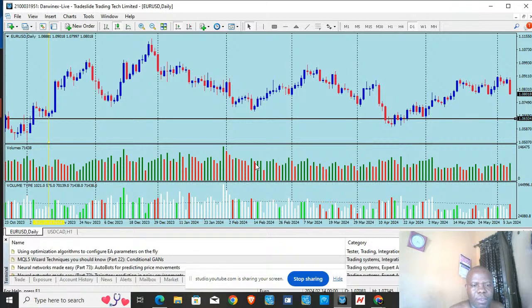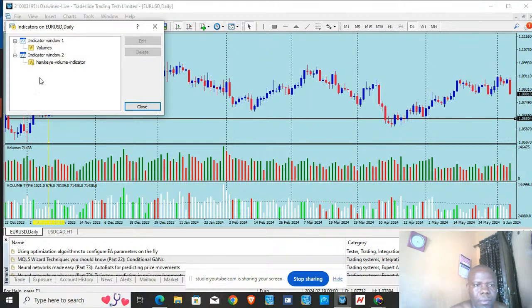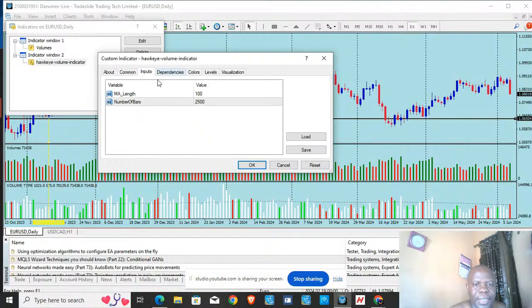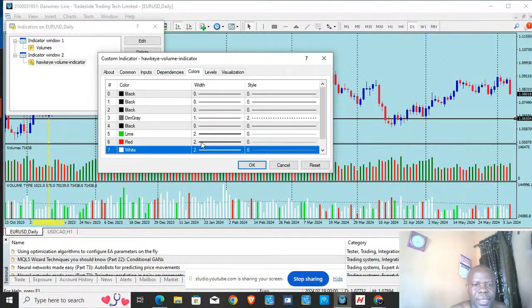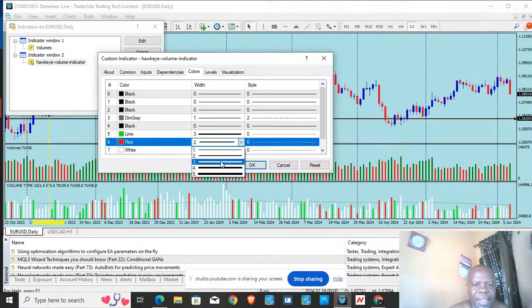Let me check my Hawkeye volume indicator. They help me to enter trades, at least to know whether I'm in there. I know if the probability is in my favor.